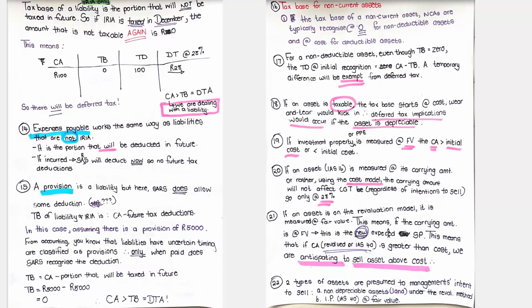I'm also going to do one for a non-deductible asset in the following slides. So let's do one where I don't have to get in depth into the example. So for example, let's talk investment property.